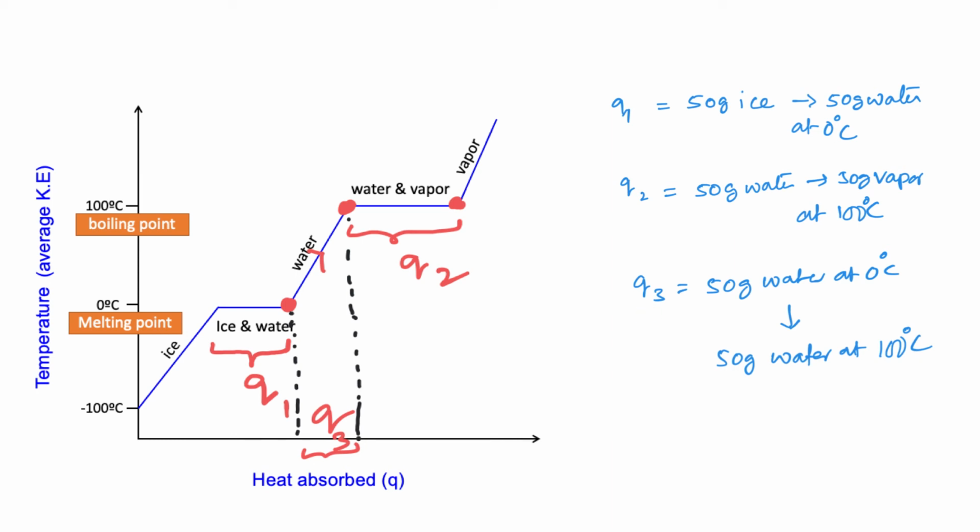In question 3, we calculated the heat required to convert 50 grams of water at 0 degrees Celsius to 50 grams of water at 100 degrees Celsius. That is this change. So if I ask a question, calculate the amount of heat required to convert 50 grams of ice at 0 degrees Celsius to 50 grams of water vapor at 100 degrees Celsius, we can add these three heats up to calculate that. In the exam, you will get these type of problems.